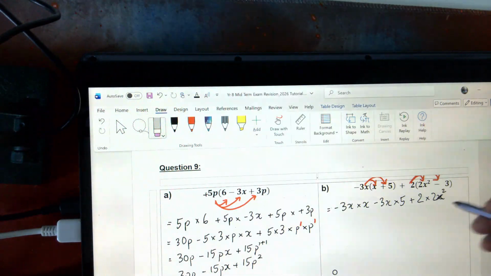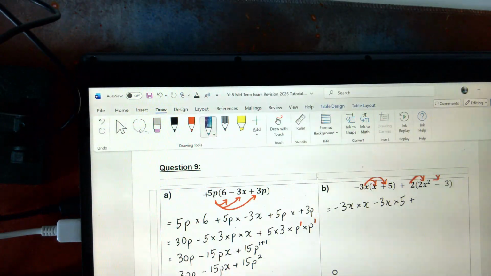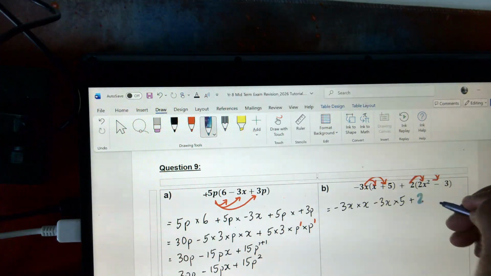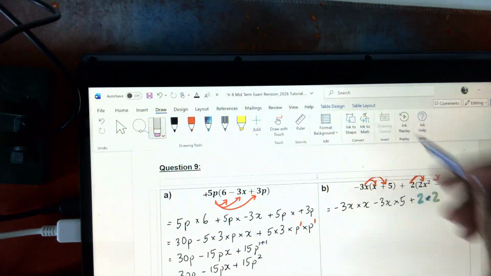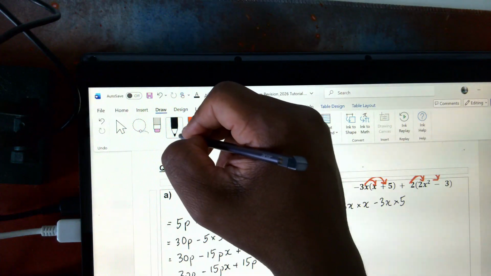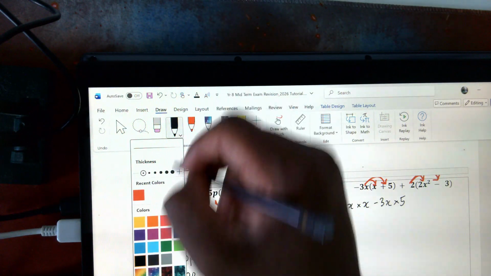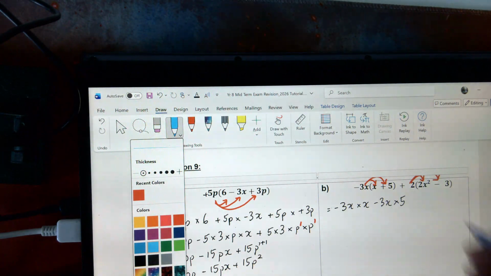Let's just write that a bit better. I'll put the second part in a different color. Let's just go blue.